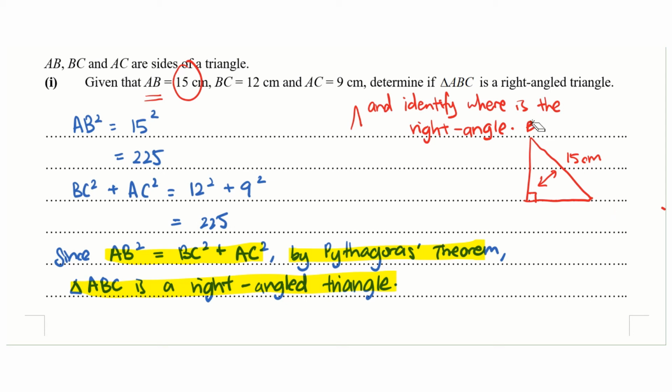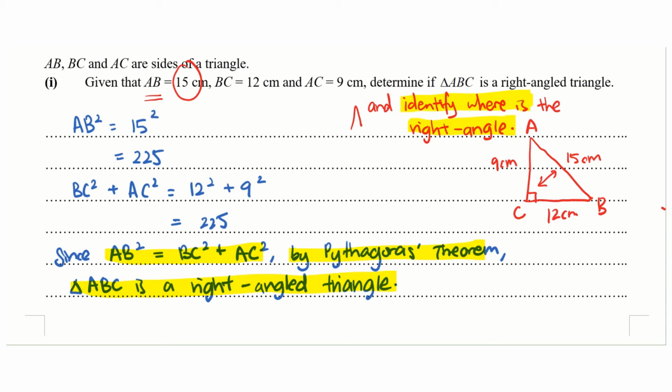So if I go back to what I had earlier, AB, then the remaining side must be C already. Then BC is 12 cm here, and AC is 9 cm. So I now have a more accurate representation of this triangle. But let's not forget the question wants us to identify where is the right angle.